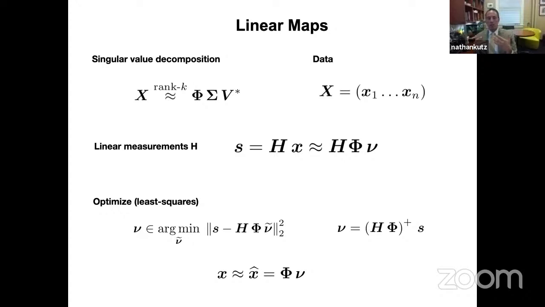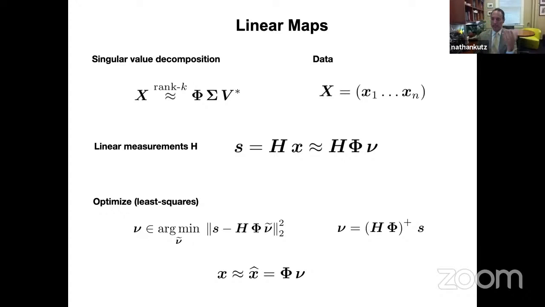So what this is telling me is exactly how these measurements relate back to the original state space. Okay, in other words, how do I estimate from sensors an approximation to the full state space, which is on the bottom there. X hat is equal to psi times nu, and nu is what I just found through optimization, or at least in this case, since it's linear, least square fitting.